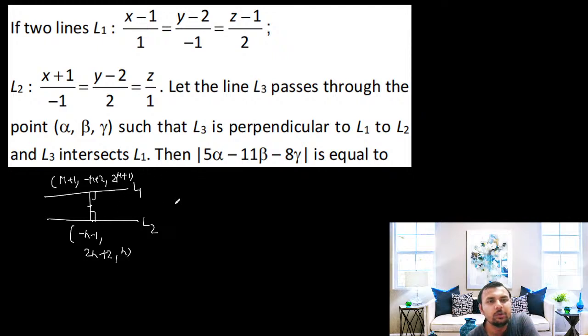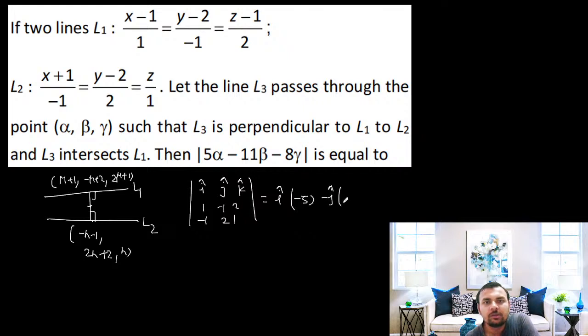so we'll do i j k, 1 minus 1 2, minus 1 2 1. This is i vector minus 1 minus 4 minus 5, 1 plus 2 3 plus k cap 2 minus 1 1.